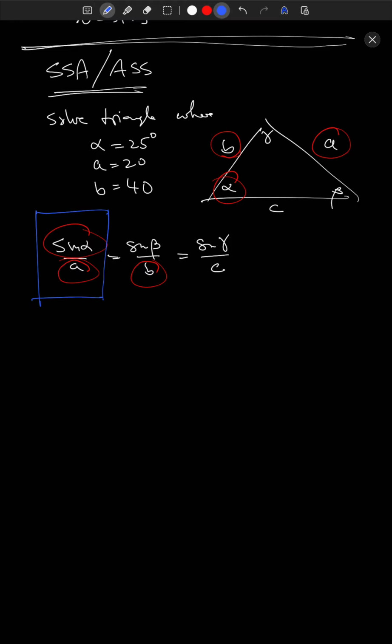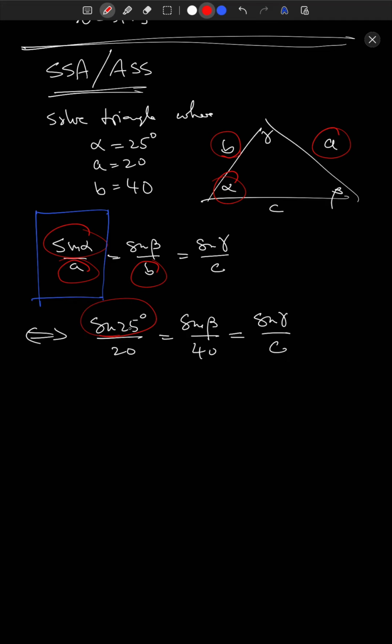Sine alpha is sine of 25 degrees, and A is 20. So let me fill in the numbers to emphasize that. This is sine of 25 degrees over 20 equals sine of beta over 40 equals sine of gamma over C. And here you can see we don't know anything about this last equality, whereas we know this number, we know that number, and we don't know that number.